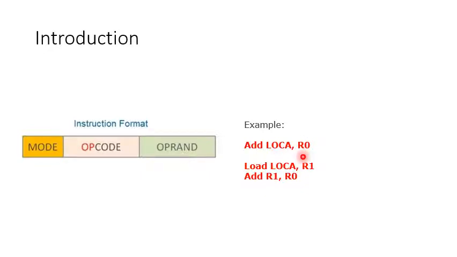The following are the steps to execute the instruction. I will explain it now. R0 is a register in the processor, and it contains data. Assume, for example, that it contains the data 02.